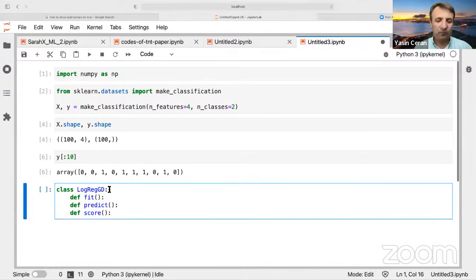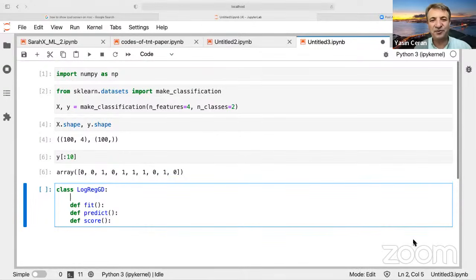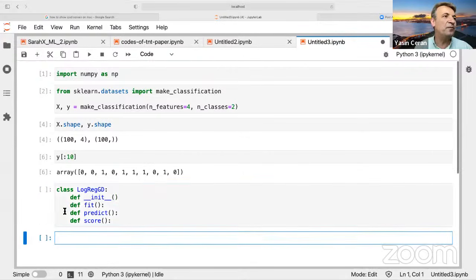Of course, for any class, the first function is going to be, what is that? An init function. So let's first start with our init function. Later on, we are going to say logistic regression equals LogRegGD.